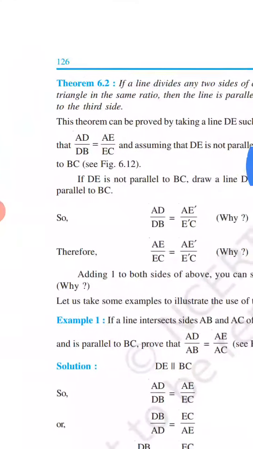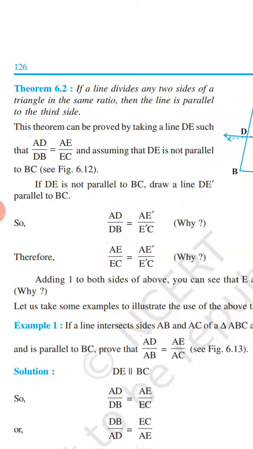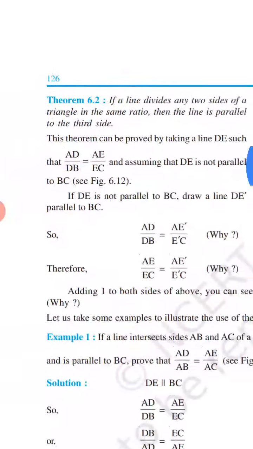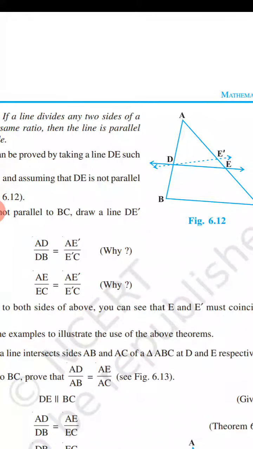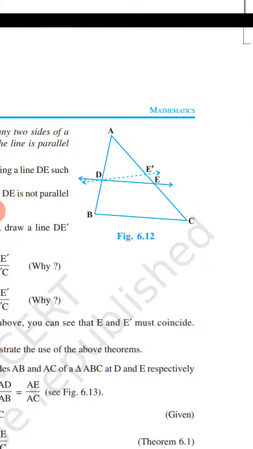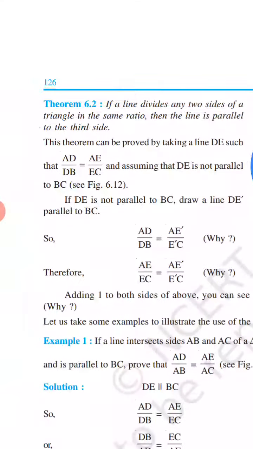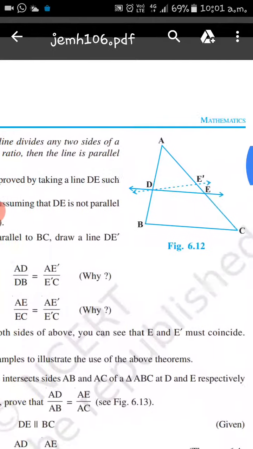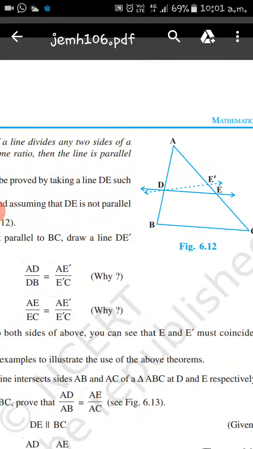But what is given here? AD by DB is equal to AE by EC. So AE by EC is equal to AE dash by E dash C. Adding 1 to both sides, you can see that E and E dash must coincide.